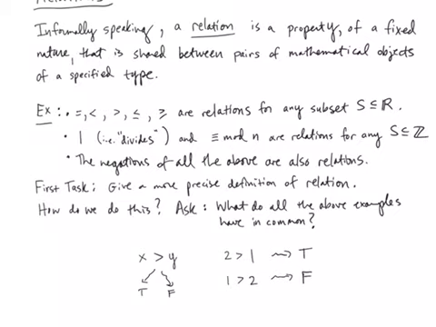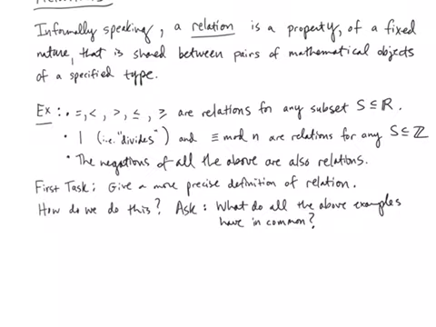So you have this kind of input of a pair of your objects. You put that into this relation and you get either a true or a false value out of it.